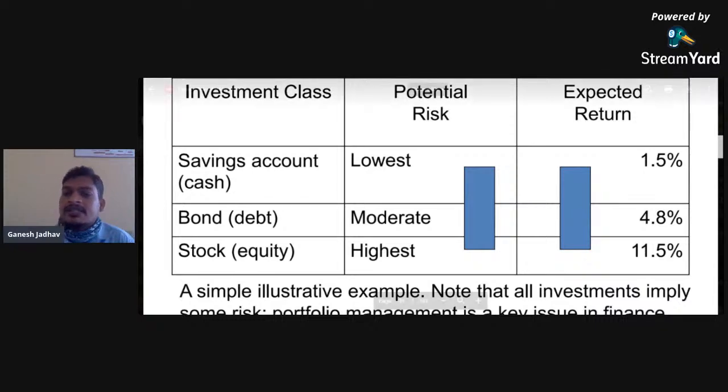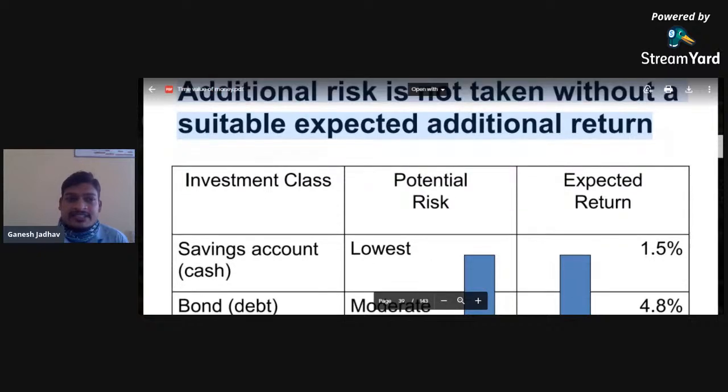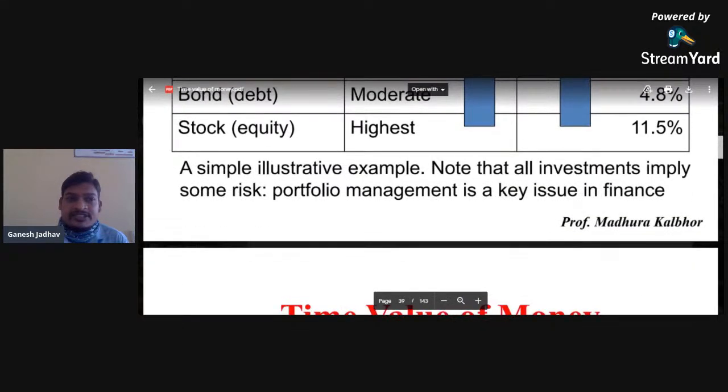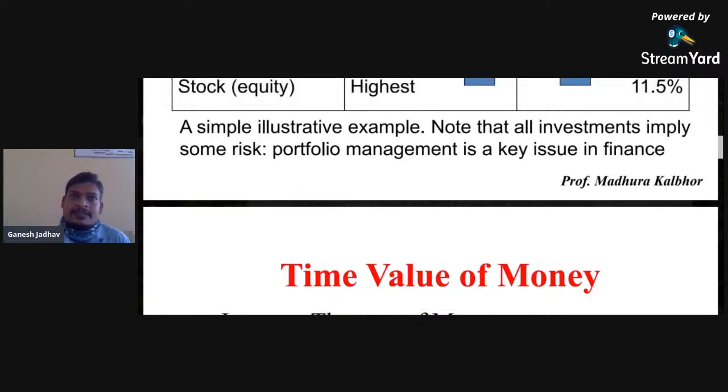So this is the example of why additional risk is not taken without a suitable expected additional return. This is the fourth principle. A simple illustrative example of risk: portfolio management is a key issue in finance.